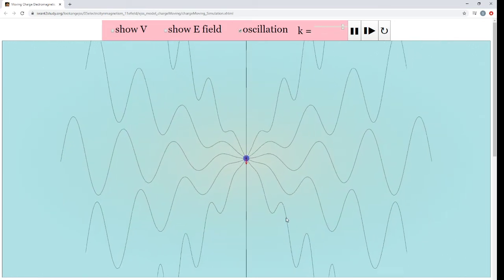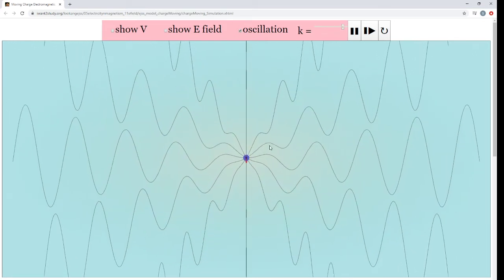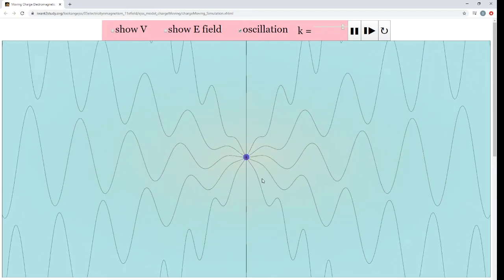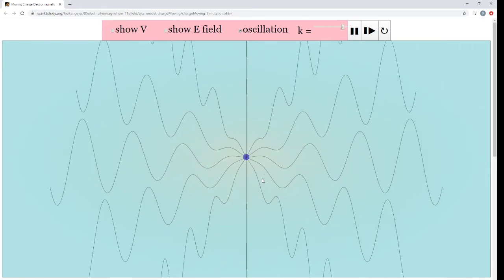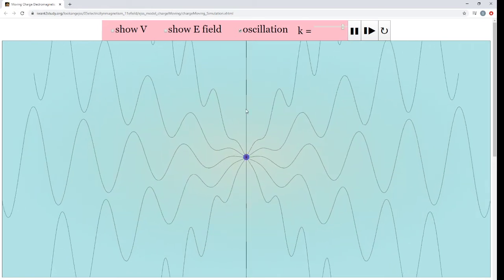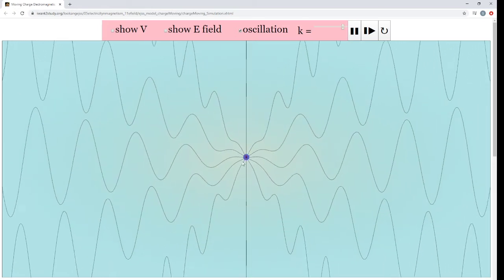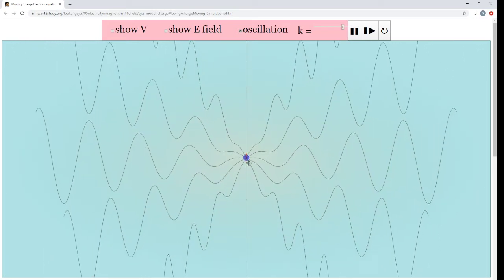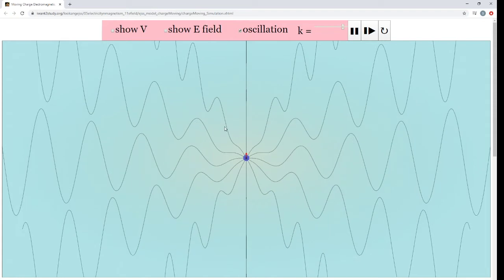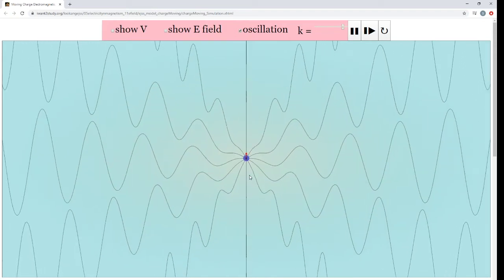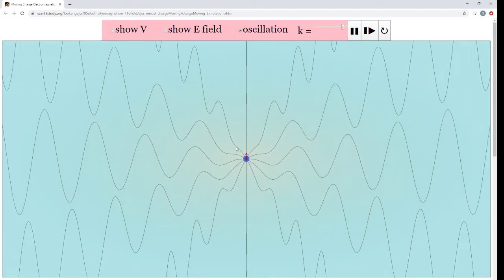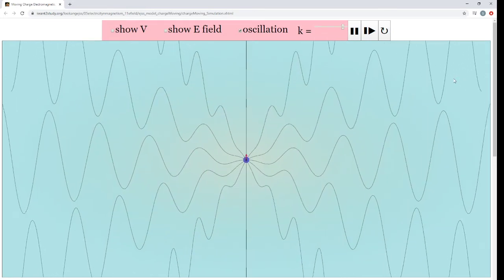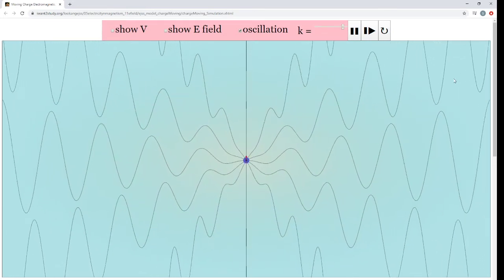Now, recall also that when we have a moving charge, a magnetic field is also generated, okay? So the magnetic field is going to be perpendicular to the electric field. And so what is produced is these electromagnetic waves that are propagating out into space, okay?